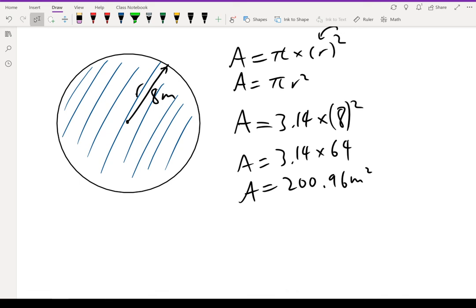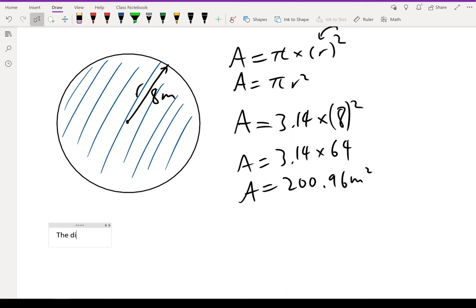Sometimes you will need to find the radius when given the area. So let me go straight into a word problem, and this will be the last question. This will be a two-part question. Actually, let me do something different. Instead of finding the radius from the area, I will give you something else.